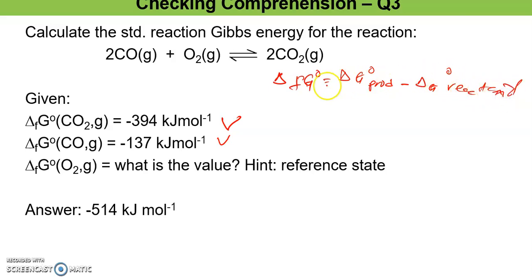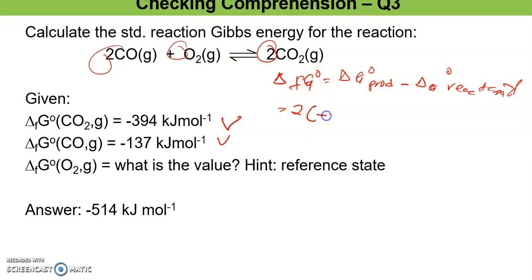So here we need to remember this one. It means 2 mole of carbon monoxide react with 1 mole of oxygen, and will produce 2 mole of carbon dioxide. So what we need to do here is we have 2 mole of carbon dioxide as our product.